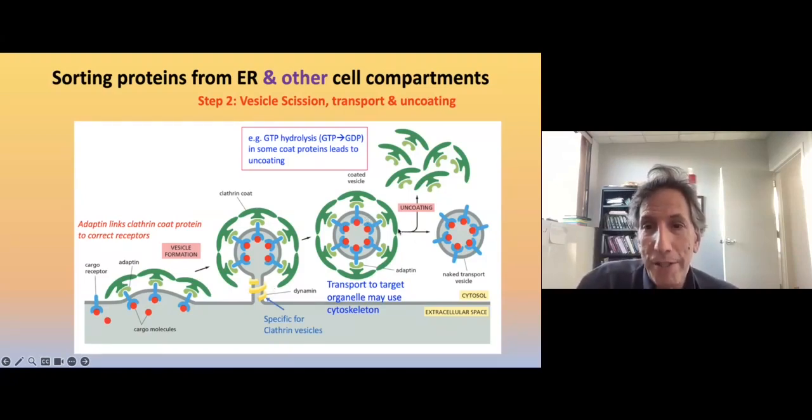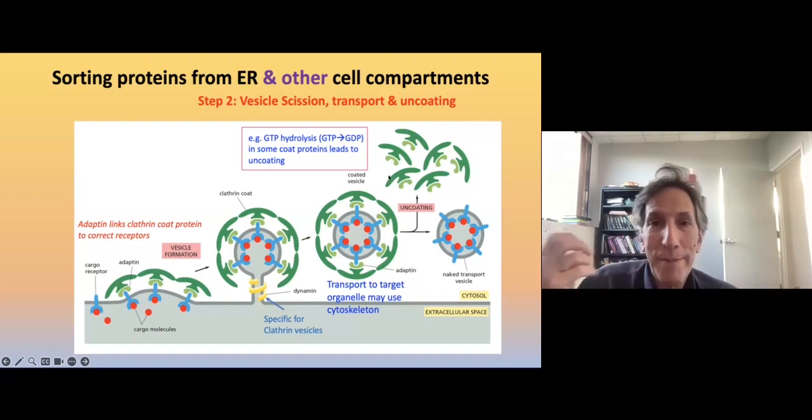The part I wanted to focus on was this: you get uncoating, and there is a GTP that is hydrolyzed in the coat proteins themselves, and it leads the coat protein to come apart.